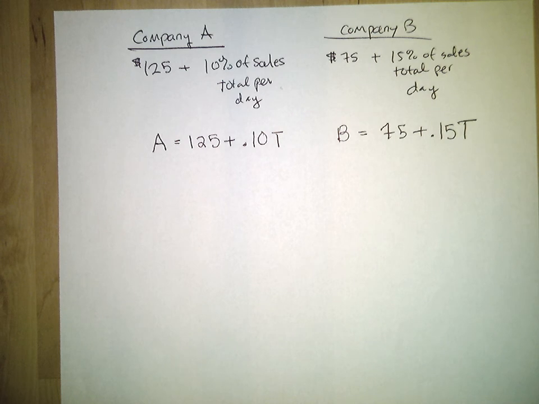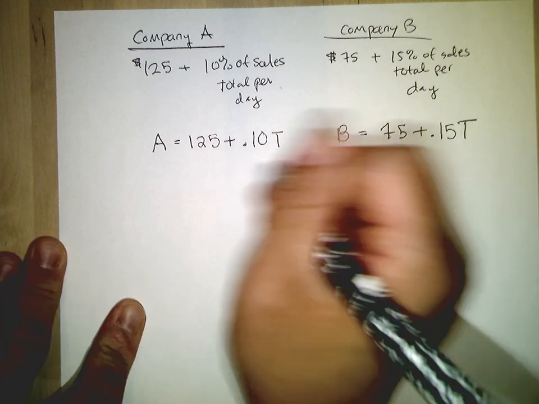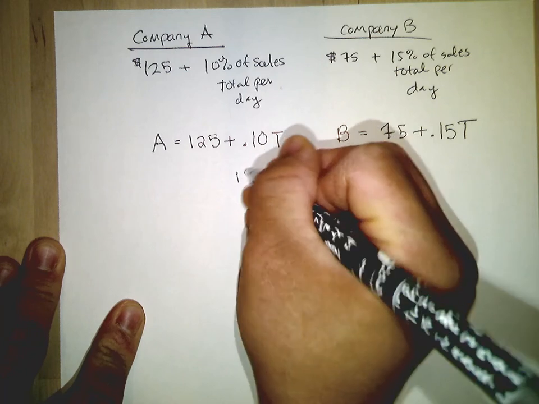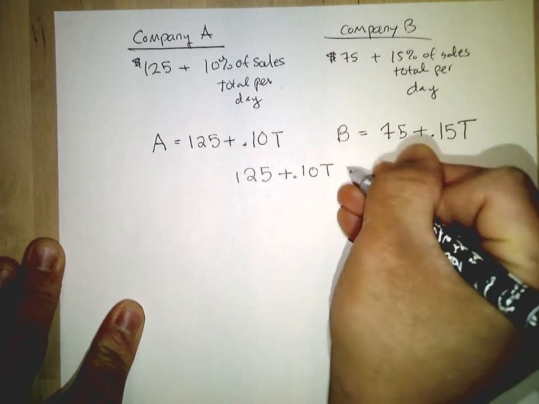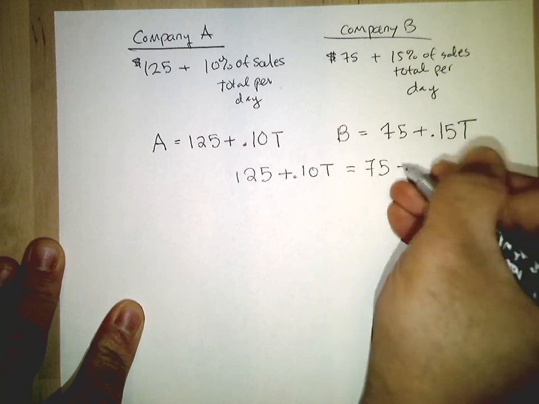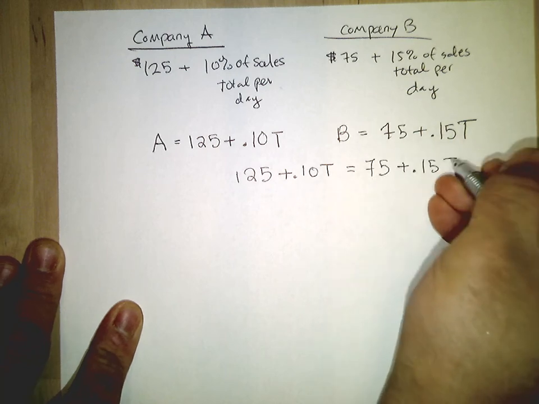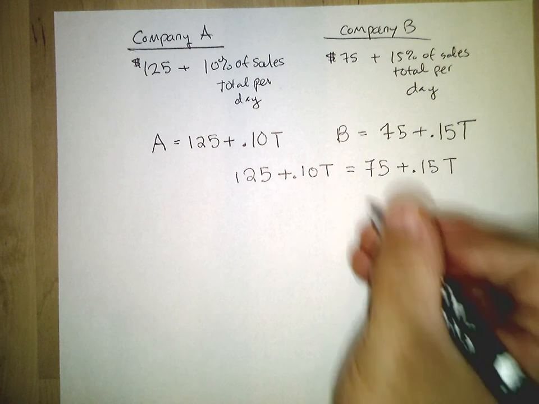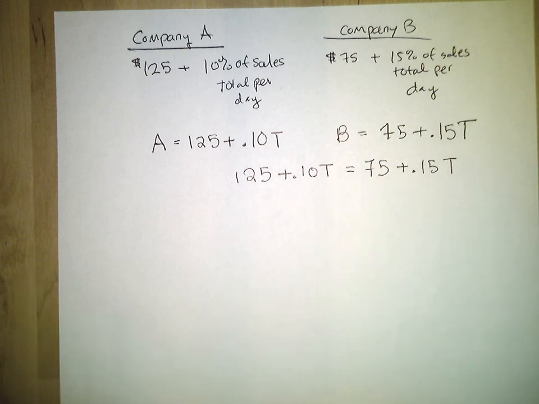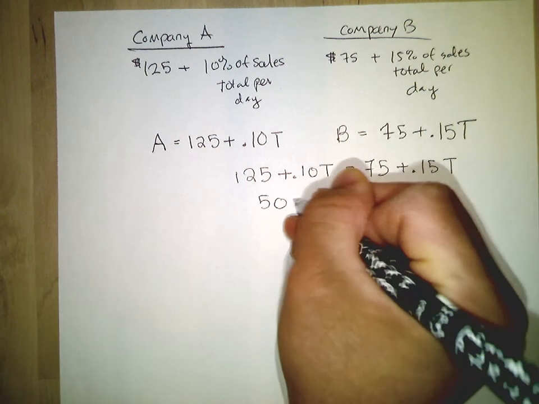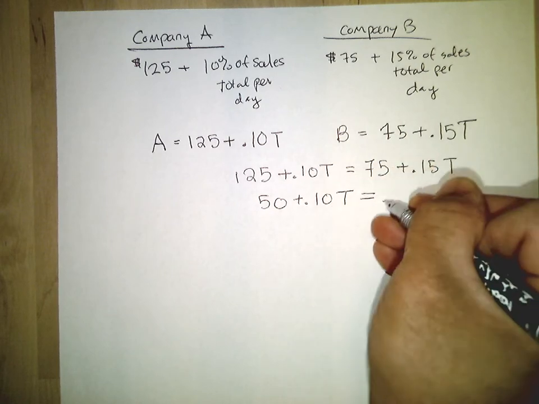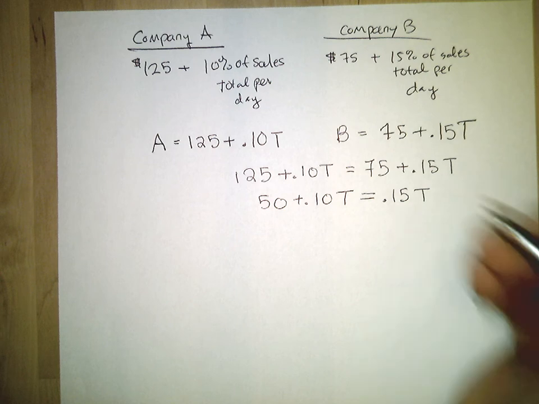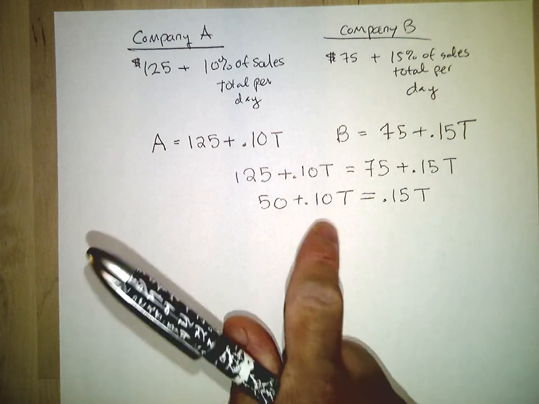So let's see when these are equal to each other. So 125 plus 0.10t is equal to 75 plus 0.15t. We'll subtract the 75 on each side, so 50 plus 0.10t is 0.15t.